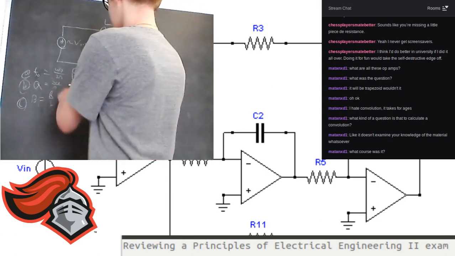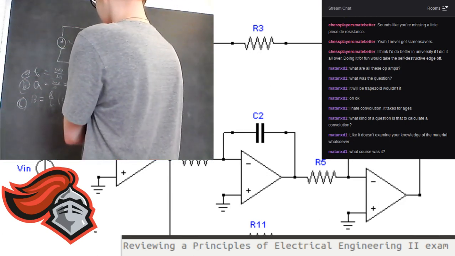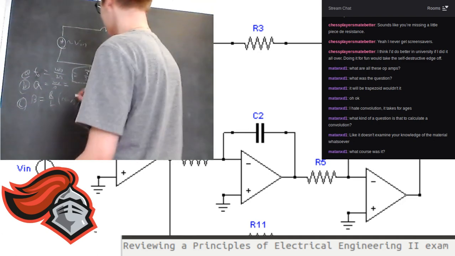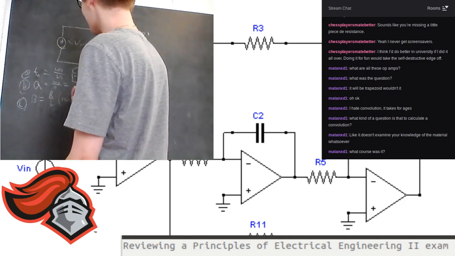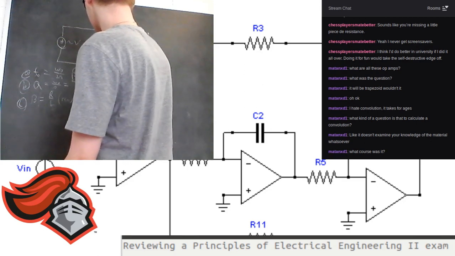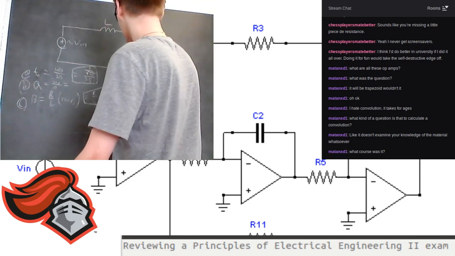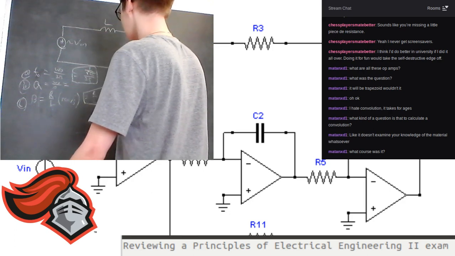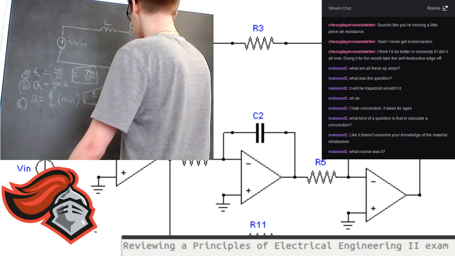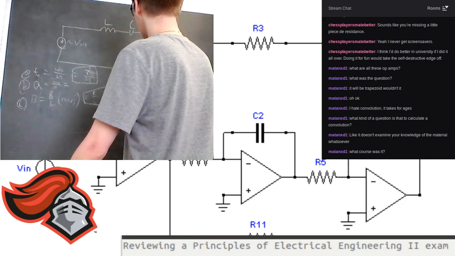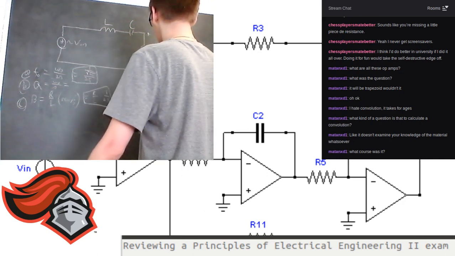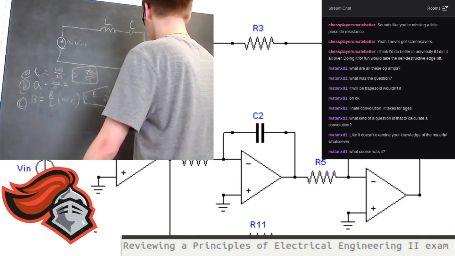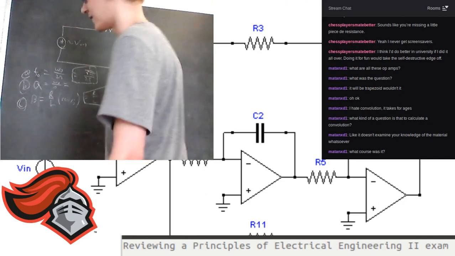So then you end up getting, oh, I guess the same thing I wrote down. It would be 1 over square root of LC times L over R, which is square root of L over R squared C. So this would be your answer for the quality.